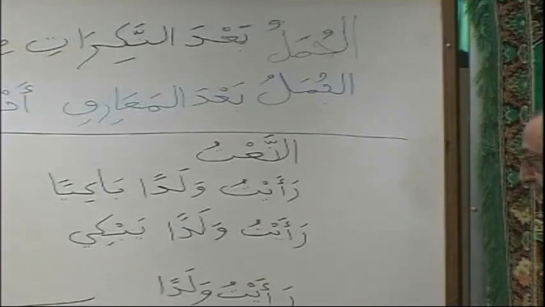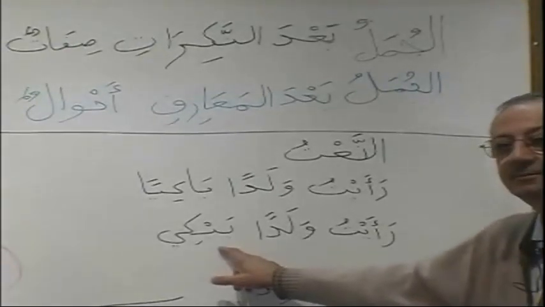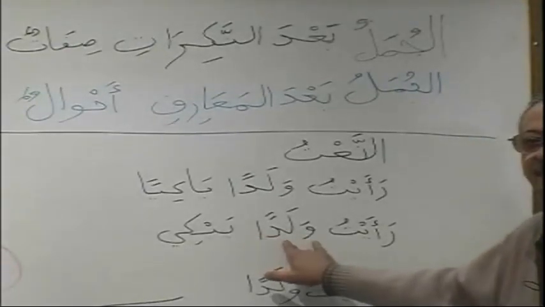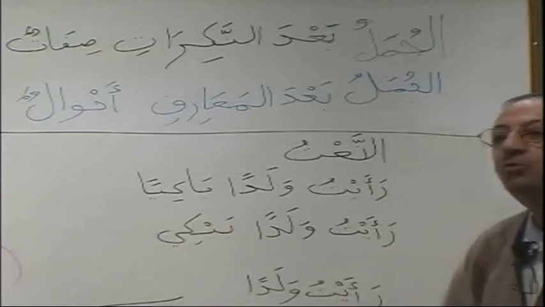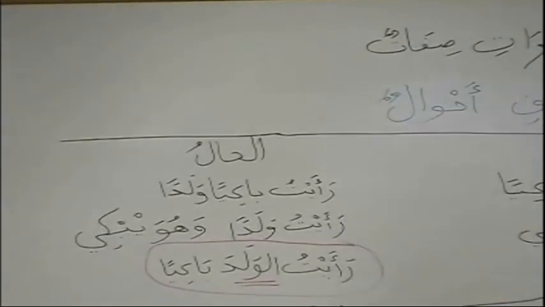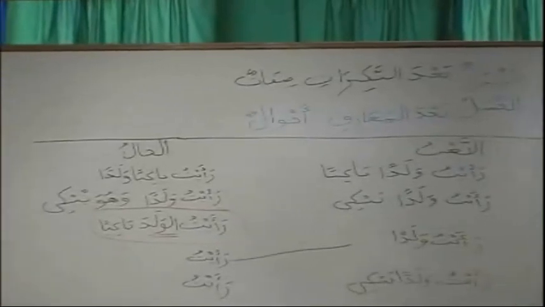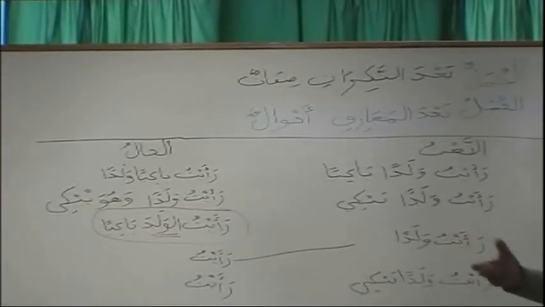Now, change that into hal. How can I change this into hal without changing the sahibul hal? Raitu waladan wa huwa yabki. Now the indefinite noun came, but I had to bring in the waw of hal, and the damir.